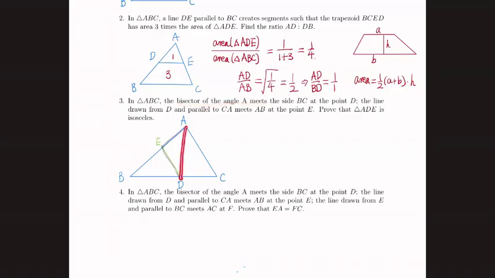Angle A, I think we might need it because AD is part of the triangle ADE. So the condition, I'm going to label this angle 1, angle 2. We know angle 1 equals angle 2. It's the bisector.